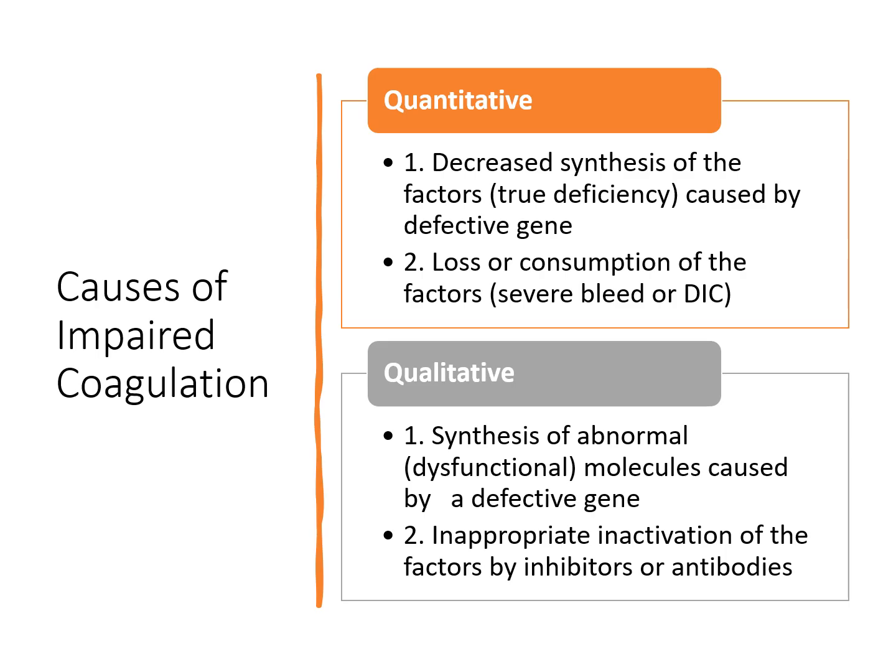If the enzyme and substrate don't meet and match the way that they should because of an abnormal shape, coagulation can be impaired. We also have inappropriate inactivation of the factors by inhibitors or by immune factors like antibodies. And we'll talk about some very specific conditions, both quantitatively and qualitatively, as we move forward.